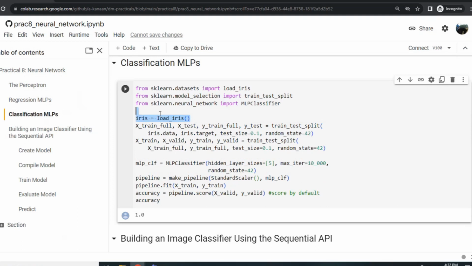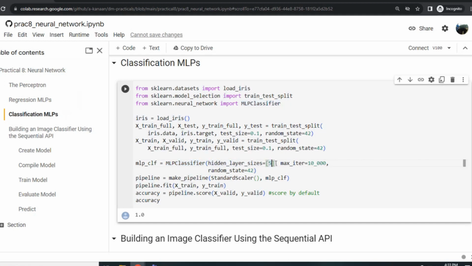So for classification, let's look back at the IRIS dataset. After we get the data, we split into training and test. Then we split further into train and validation. So we prepare train, validation, and test sets. Then we create an object from MLP classifier. We provide hidden layers.